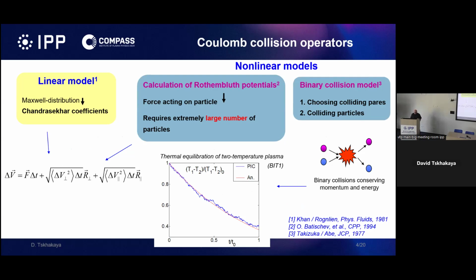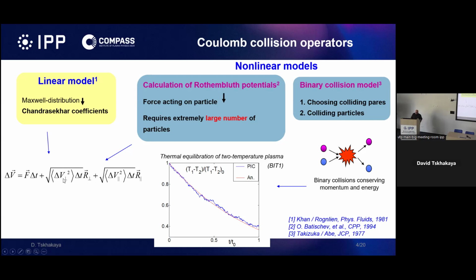The first one is the so-called linear model. You assume that you have Maxwell distributed particles. Having this assumption, you can calculate Chandrasekhar coefficients. In other words, you can assume that your change in velocity is due to a friction force plus diffusion in the velocity space. Proper diffusion is not anomalous or a numerical one.